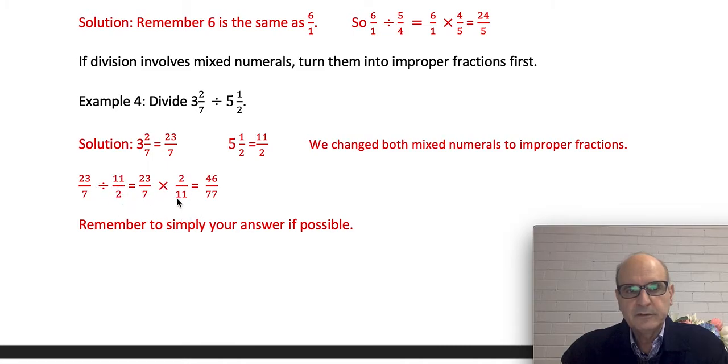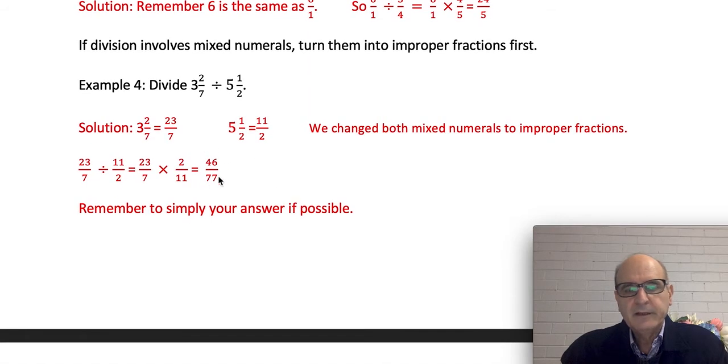So 2 goes at the top and 11 at the bottom. 7 times 11 is 77, 23 times 2 is 46. And remember, whenever possible, you have to simplify your answer. You have to find the number that goes into both of them and divide by that.